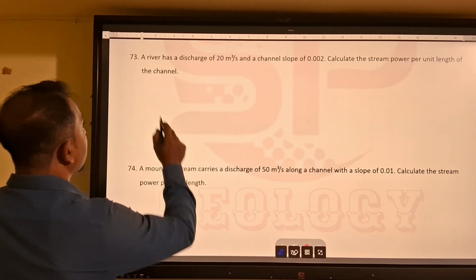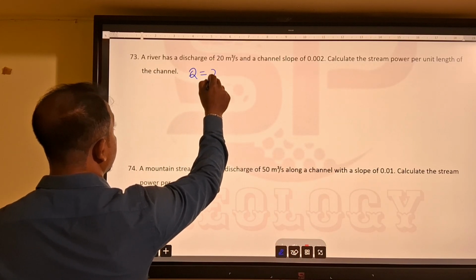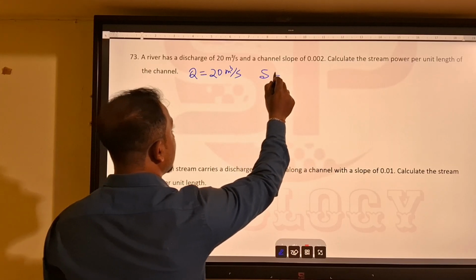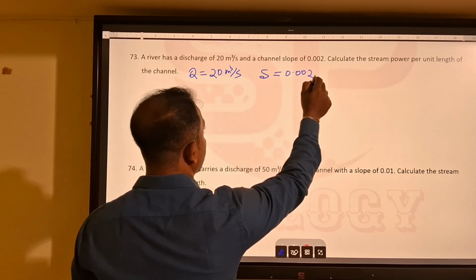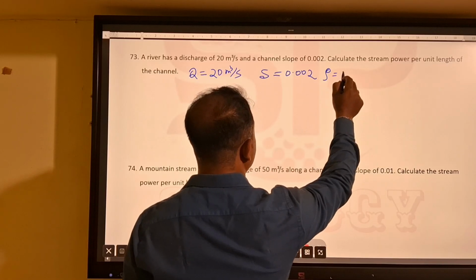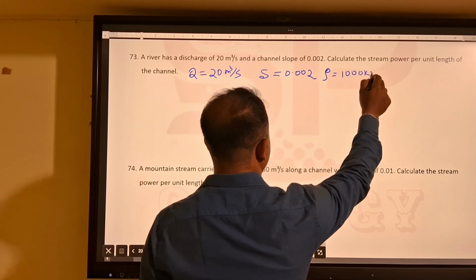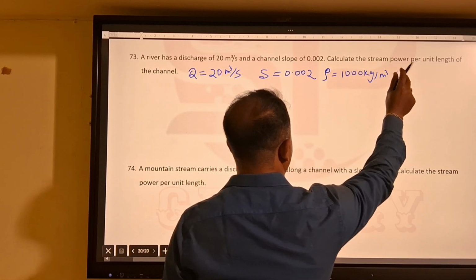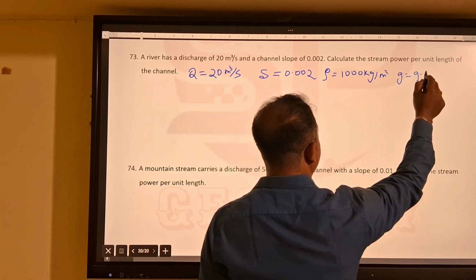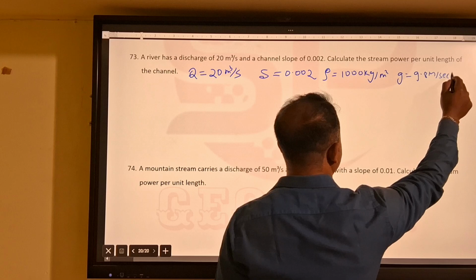So let's solve this problem. River discharge Q is given as 20 meter cube per second. Channel slope is given as 0.002. You have to calculate the stream power. We will take rho as 1000 kg per meter cube, and we will take G as 9.8 meter per second square.